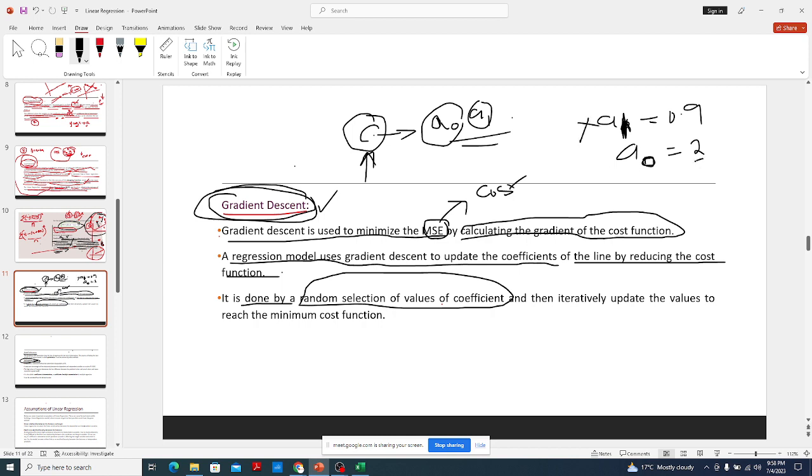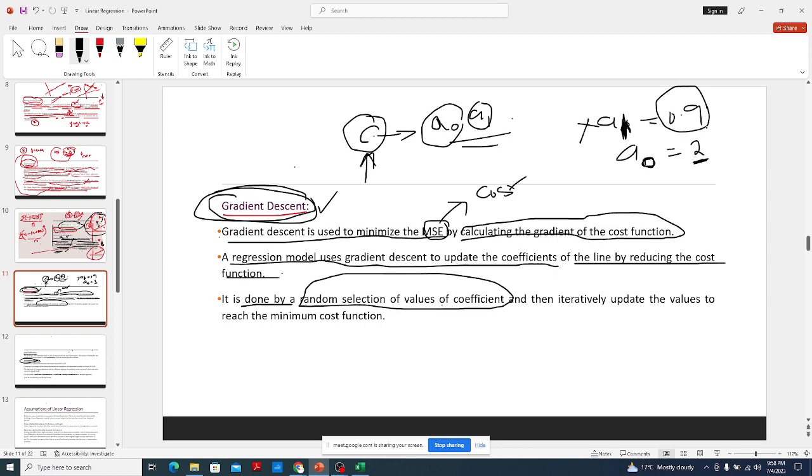Okay, good. So when using these coefficients, we are getting a very small error term, let's say 2.3. Now we can randomly select the values of a1 and a0.